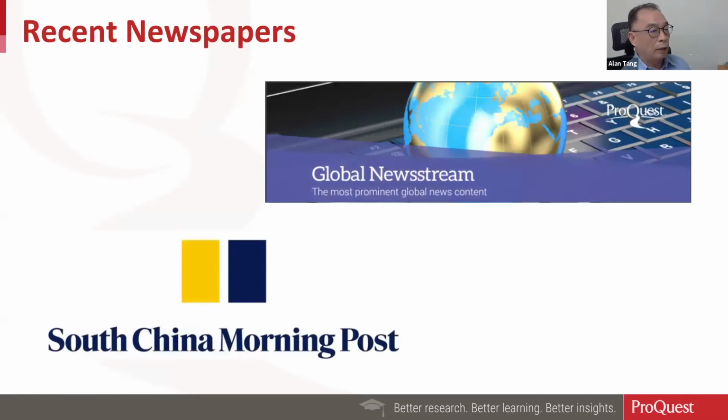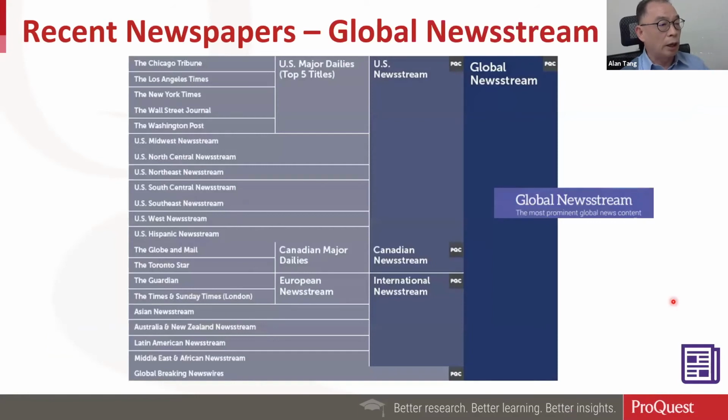Okay, I want to talk about the recent newspapers, mainly Global Newsstream and the South China Morning Post. Of course, from a company standpoint we have even more newspapers, but these are the newspapers that Hong Kong BU subscribed to from us. I give you 3 charts from Global Newsstream. Global Newsstream is combined from 4 different collections.